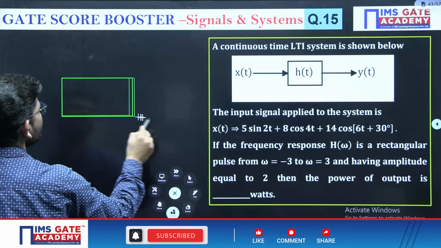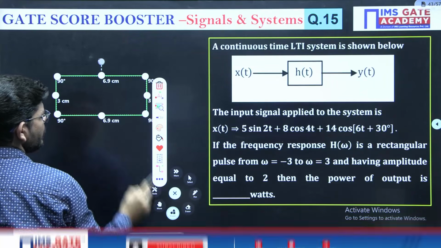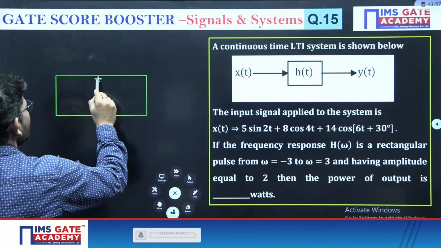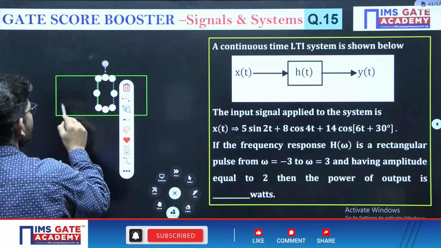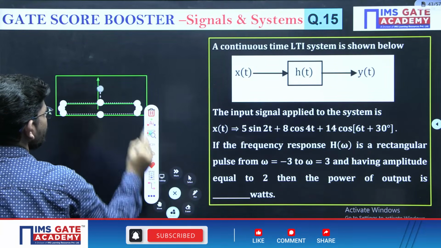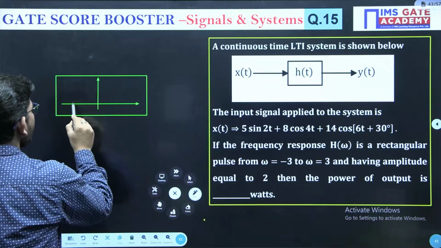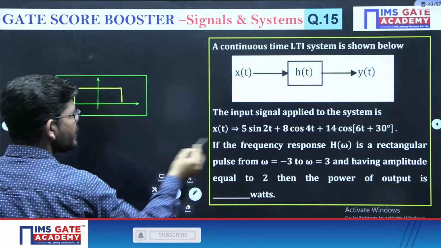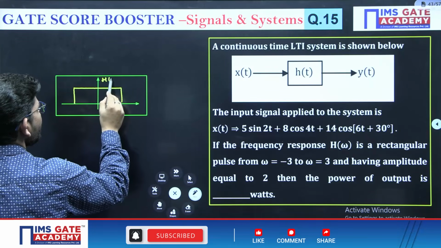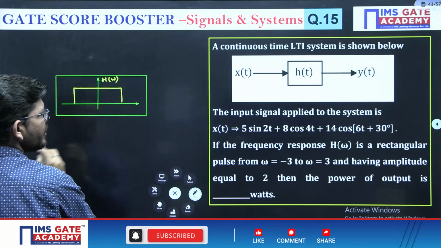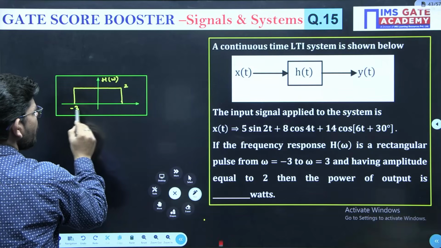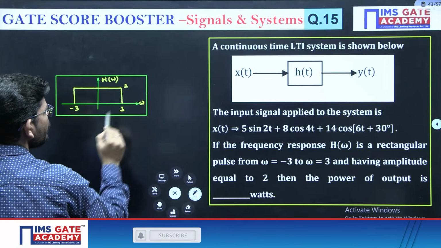What is given to us is that the LTI system has a frequency response H(omega) which is a rectangular pulse of magnitude 2 and duration from -3 to +3.